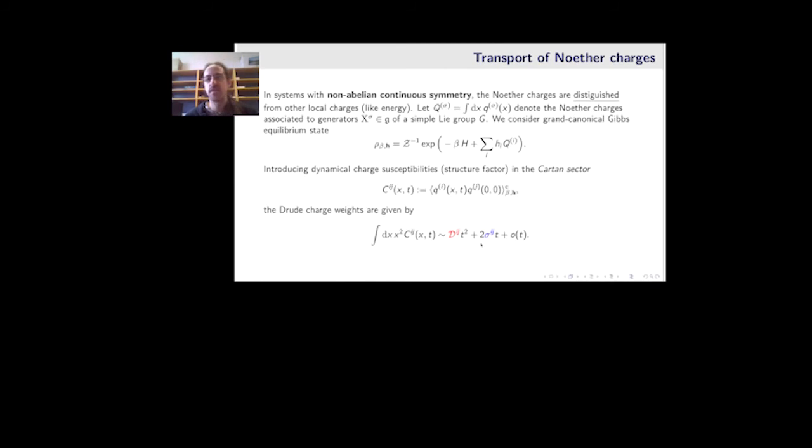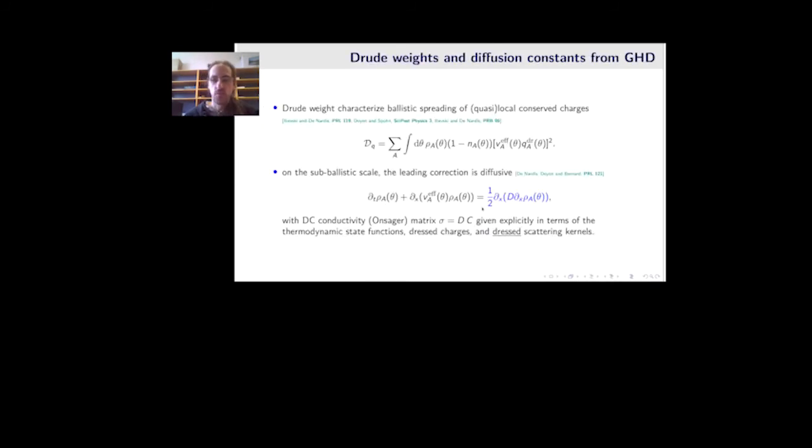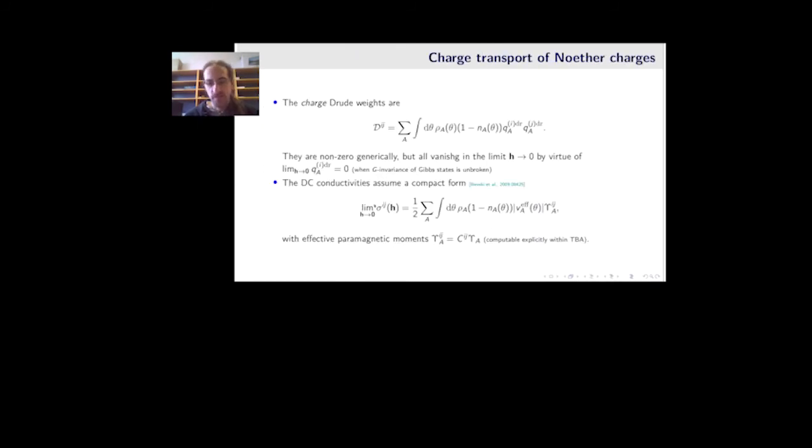So you would expect a finite diffusion constant, but again you can write the exact expression for the diffusion constant, which I omitted, and plug all the data in. In fact, for this particular subset of charges, you can even make this expression nicer and compactify it to the formula that I'm writing over here.